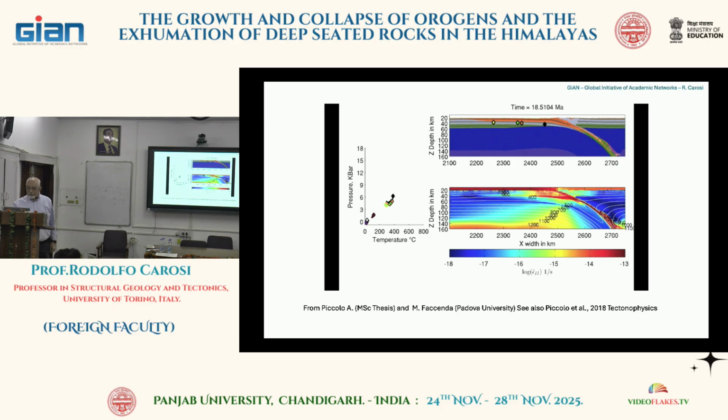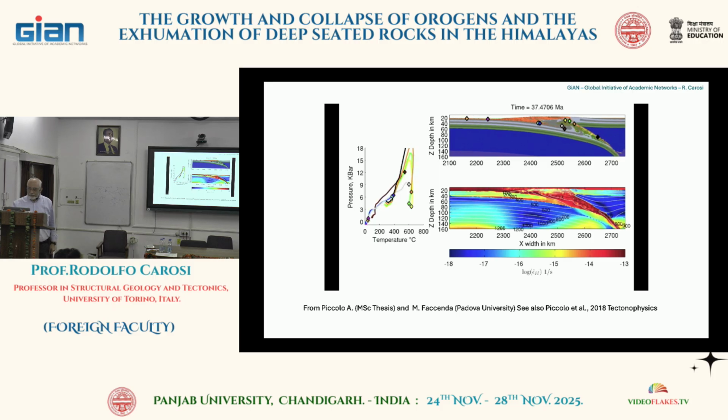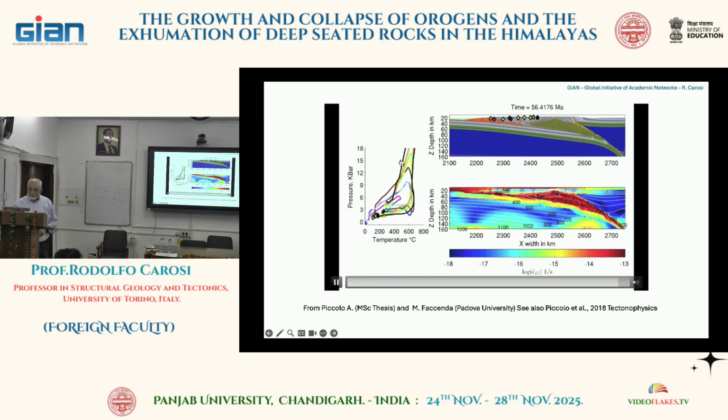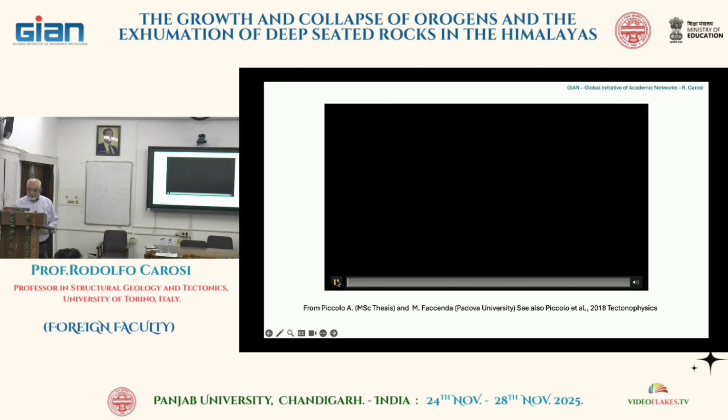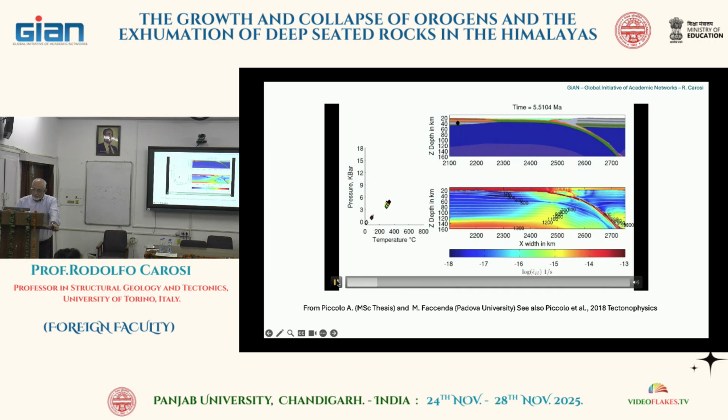You can see several points indicating rocks going down in subduction, then coming up by corner flow. And so you can follow the PT path. Of course, this is a very complex model, not easy.